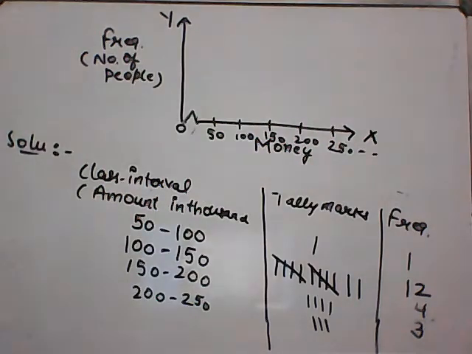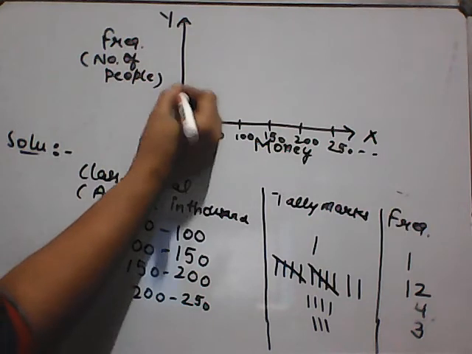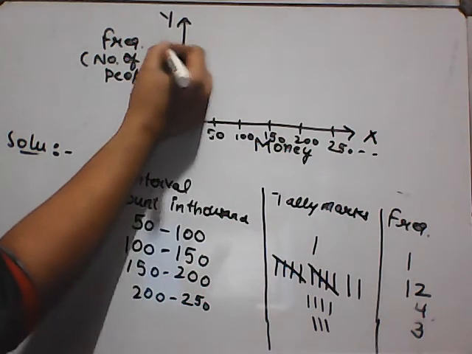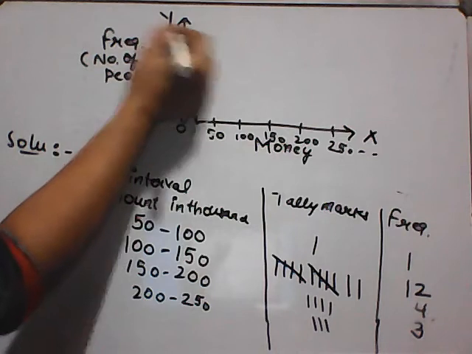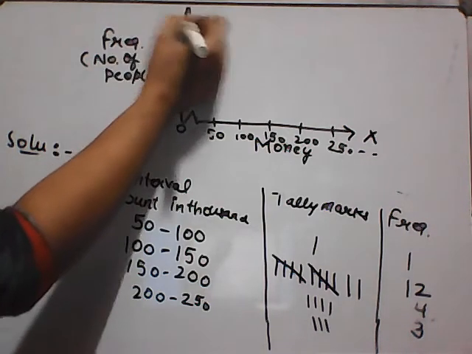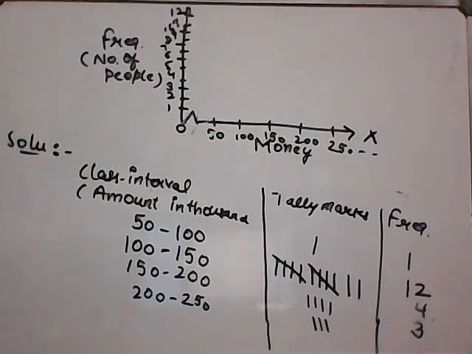The number of people goes from 1 to 12, so you can take 1, 2, 3, 4, 5, 6, 7, 8, 9, 10, 11, 12. You take a difference of 1 unit on the y-axis.